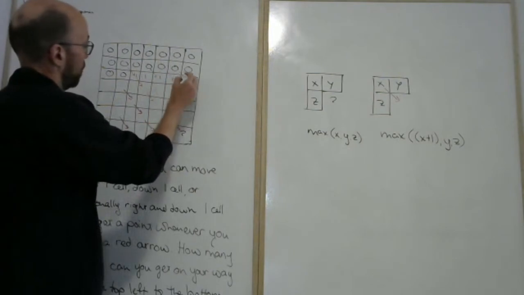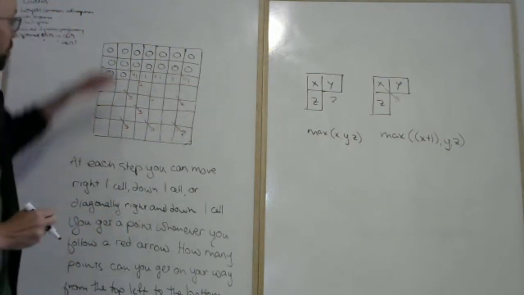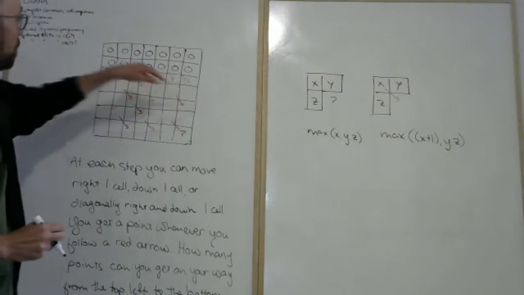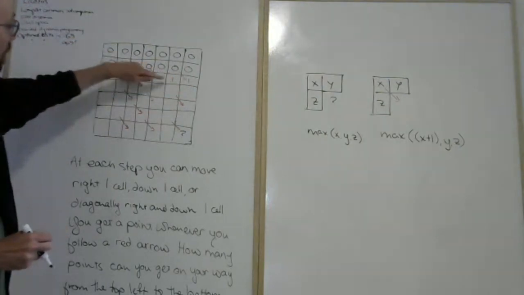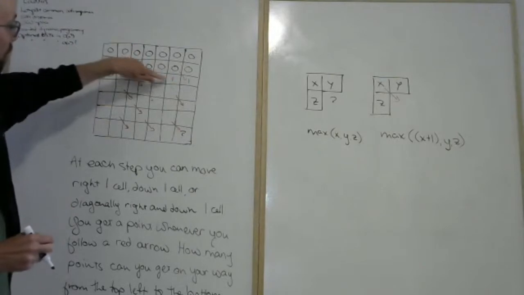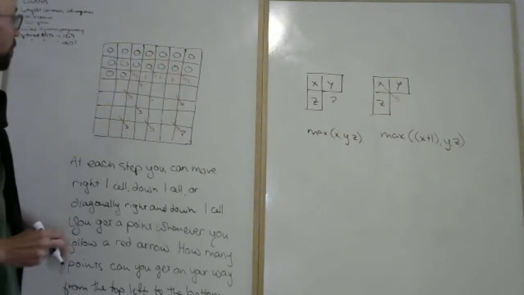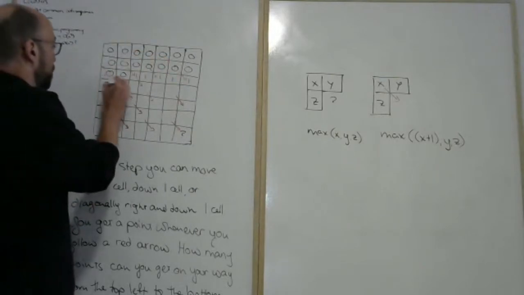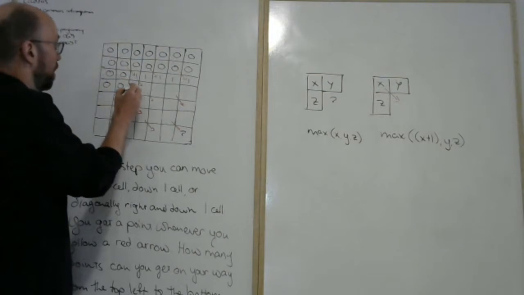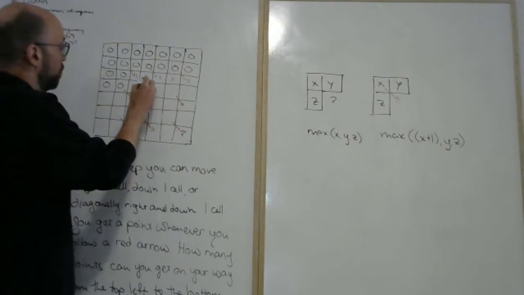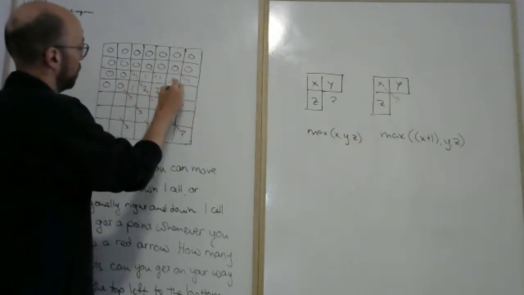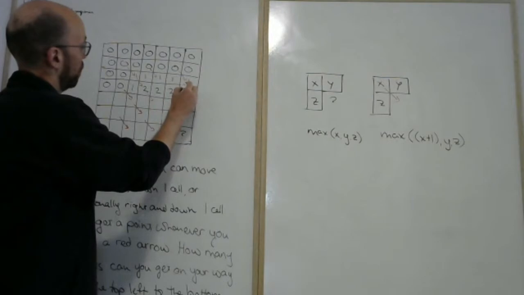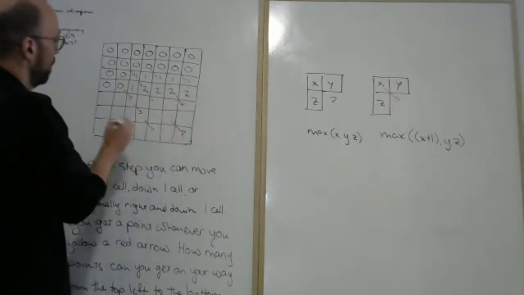This is a 1, and this is also a 1, right? Because to get to here with 1 point, you can either go down this red arrow and then go across, or go down this red arrow and then go across, or go down this red arrow. And then this is 0, 0, 1, and this is 2, and this is 2, and 2, and 2, right?